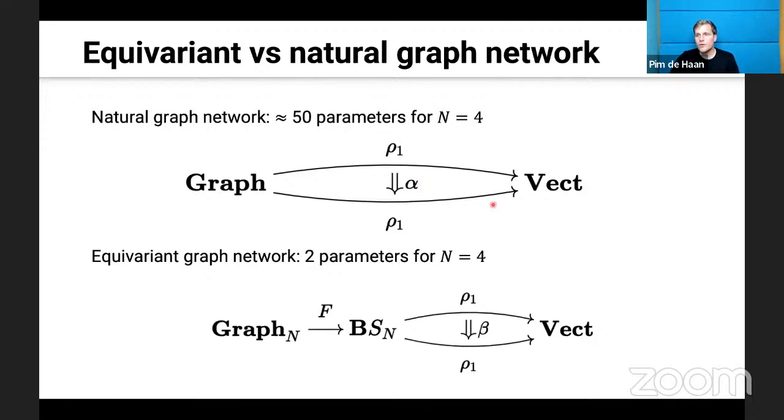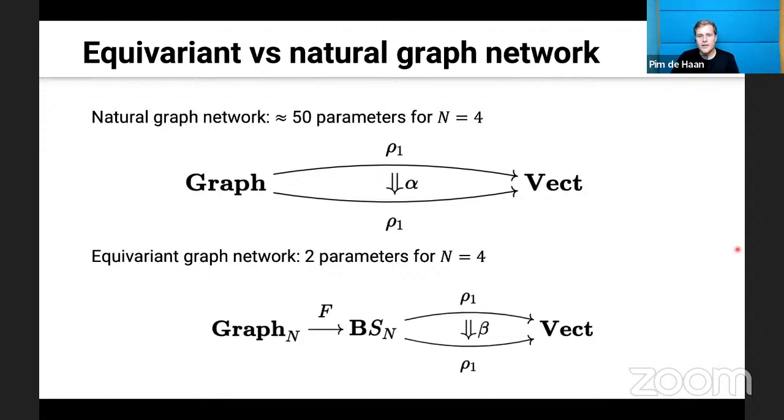This is in a way the most general thing we could do. But if we do what is often called an equivariant graph network in the literature for these representations, where we relate all the graphs to permutations and then build a permutation equivariant network, we only have 2 parameters. So here we see that in this case, by making the natural transformation dependent on the graph, we have a much larger expressivity because we are constrained only by the automorphisms.